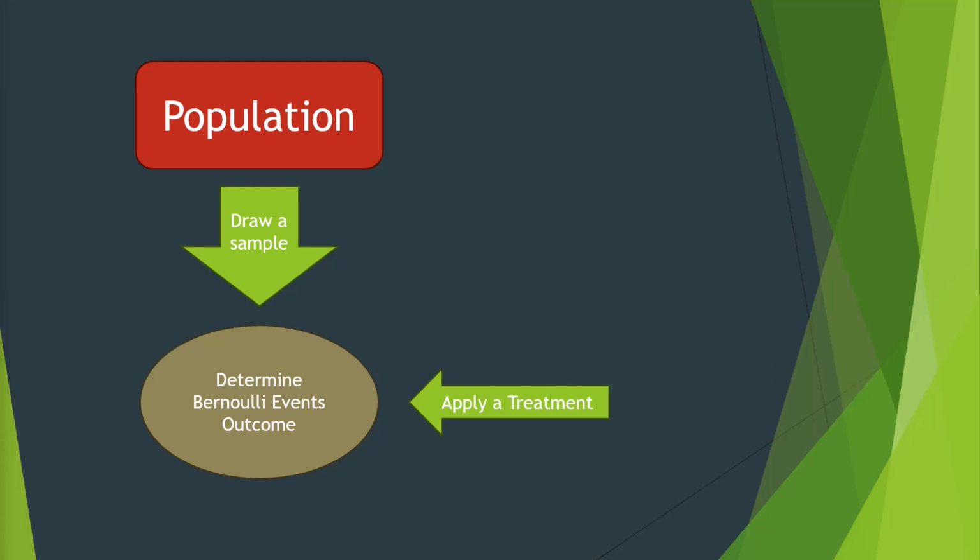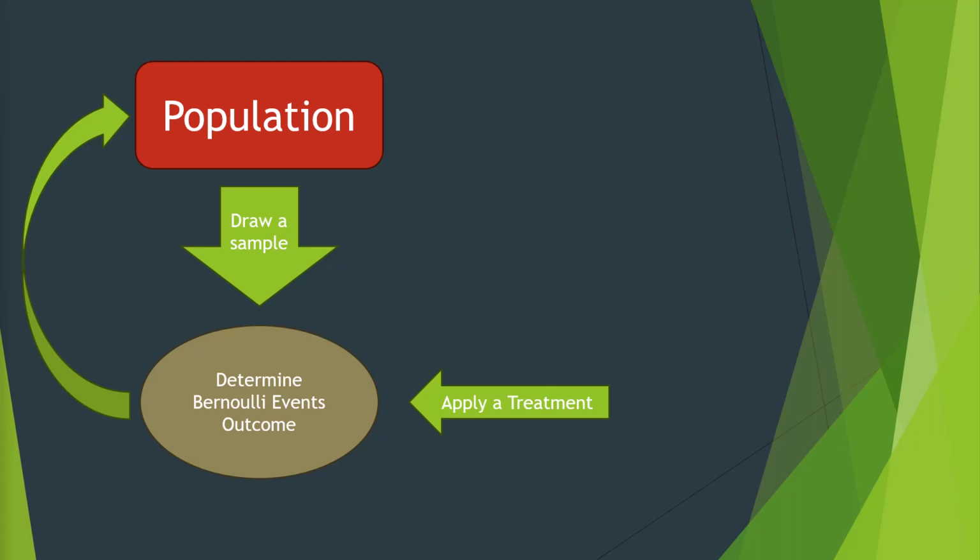So we would obtain the same outcomes either way if we applied the treatment to everyone in the population and took a sample, or if we sampled those same individuals and then applied the treatment to them, we would still get the same Bernoulli outcomes. Thus, we can make an inference about the characteristics of a treated population based on the observations in the treated sample.